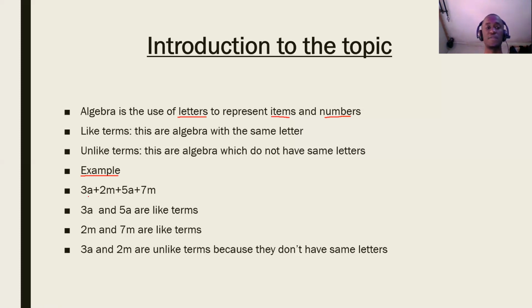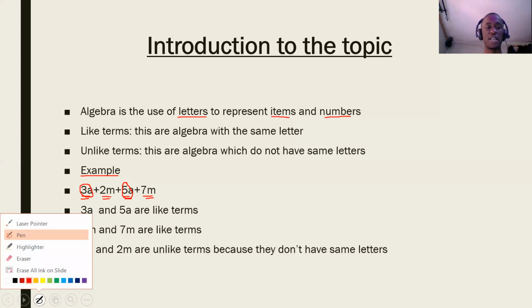If you have 3a plus 2m plus 5a plus 7m, out of these 4 terms, 3a, 2m, 5a, and 7m, which ones are like terms? 3a and 5a are like terms because they have the same letters, while 2m and 7m are like terms.